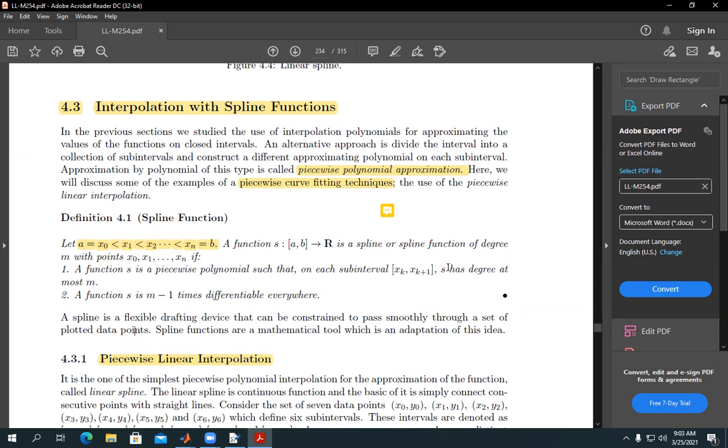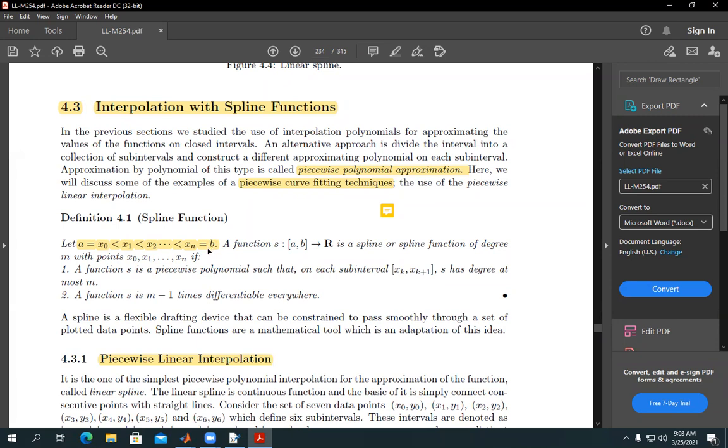For example, we are given n plus 1 points, where the first point I show by A and the last point by B. When you have n plus 1 points, it means you have n subintervals, and in each interval you have to apply linear interpolation.